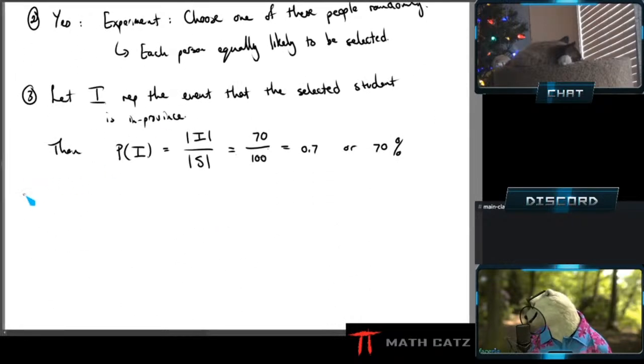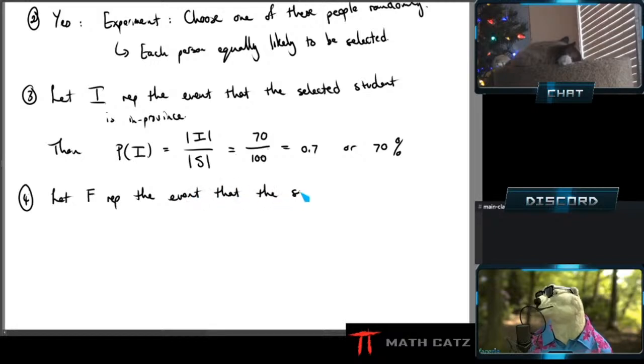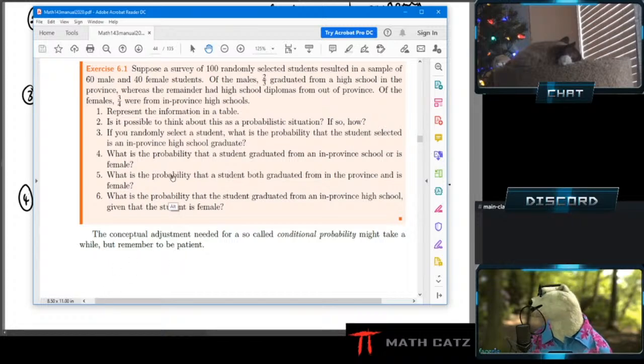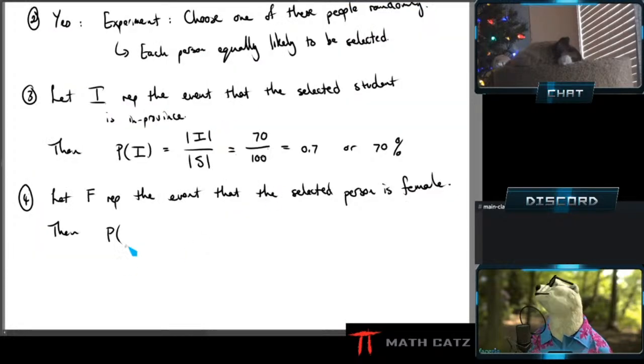So in addition to the I, let's also define F to represent the event that the selected person is female. Then, what are they looking for? They are looking for the student being in-province or female, or it could be both.